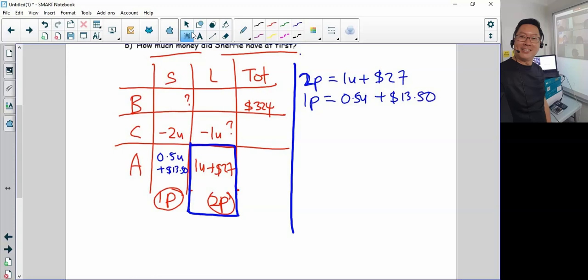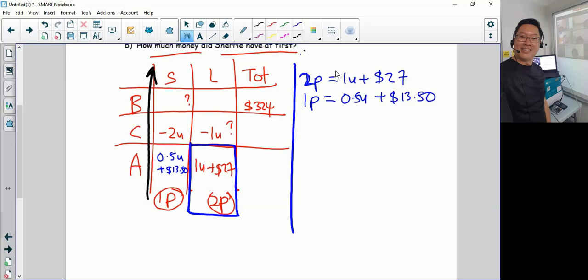Okay, all right. So what's the next step? I'm not looking at the question, I'm just looking at the table. The next step is the table can flow backwards. Working backwards. So how do you work backwards? Now, Sherry has how much at first? The minus 2 unit, when you work backwards, becomes plus 2 units.